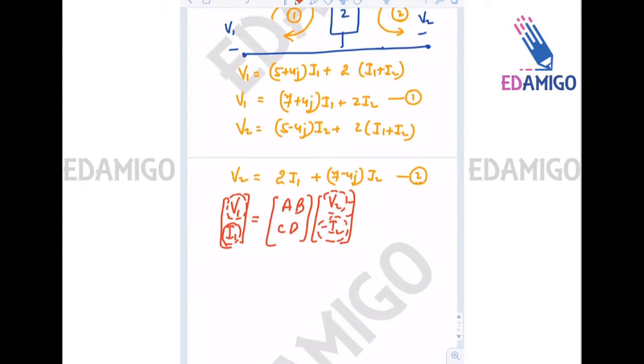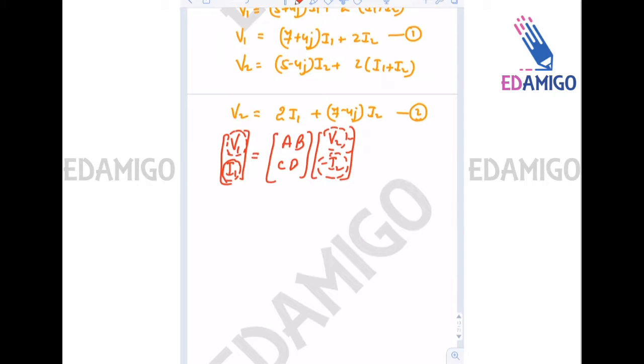Now rearranging equation number 2, we get I1 is equal to V2 upon 2 minus (7 minus 4j) divided by 2 times I2.